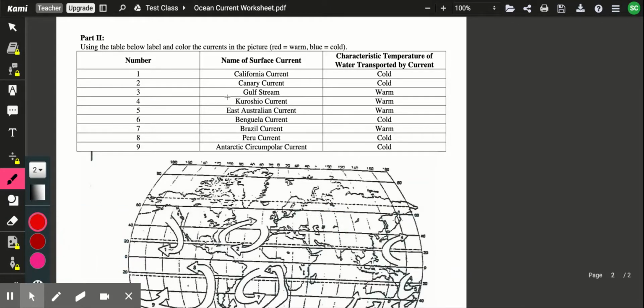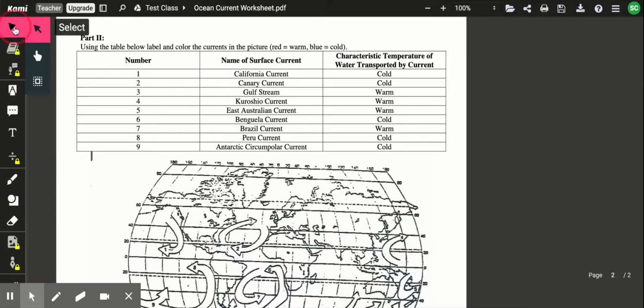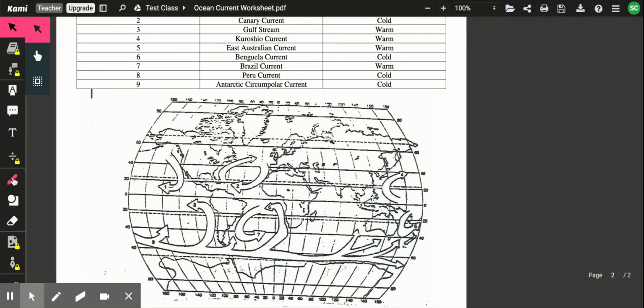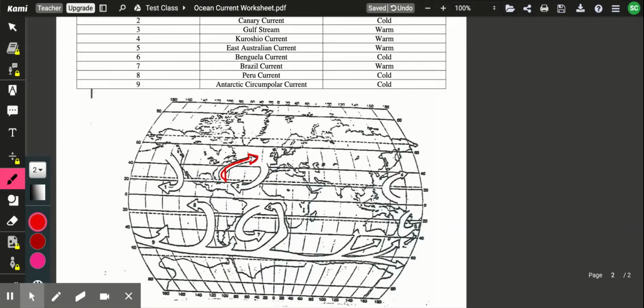Where it says warm, you have to find that numbered arrow. So again, warm, the Gulf Stream, number 3, you'll have to color it red. I don't want to color over that number because I want to remember what that was.